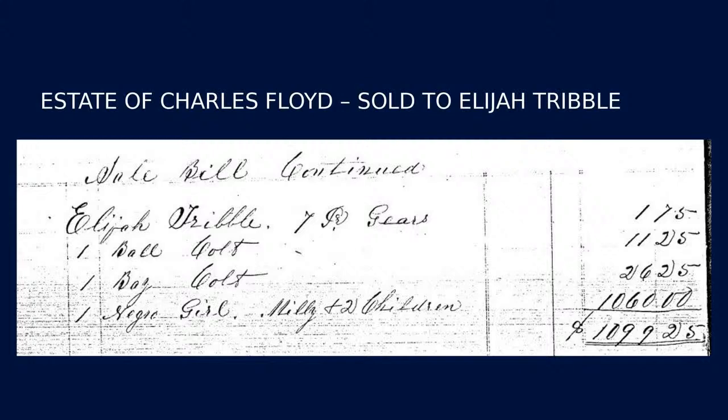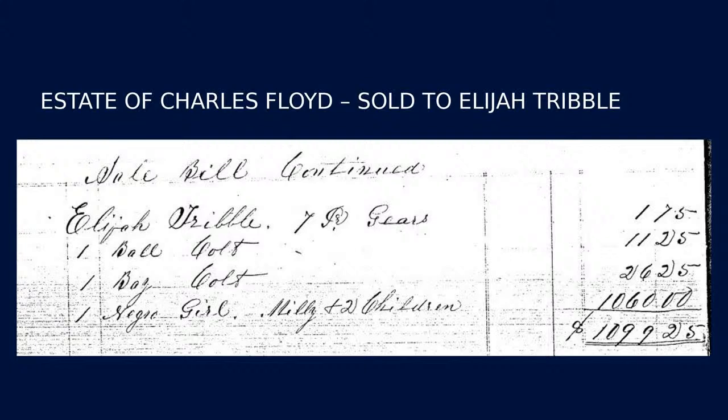A Negro girl, Millie, and 2 children. We can assume that's Hamp and Patrick, and you can see they were sold for less than they were appraised for. So, sale bill continued, Elijah Tribble. Wow. A bale of cotton. Is that cotton?